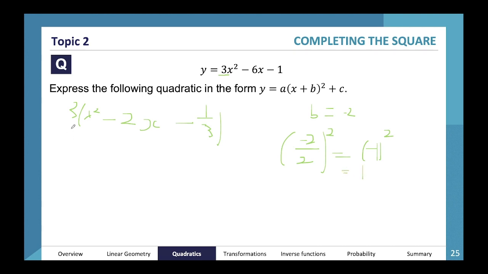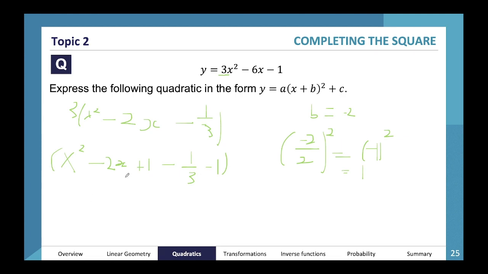It's pretty neat. Now I can subtract it and add it in, but I can only do that inside the brackets. So x squared minus 2x plus 1 minus 1 over 3 minus 1. Okay, hopefully that's all good so far.